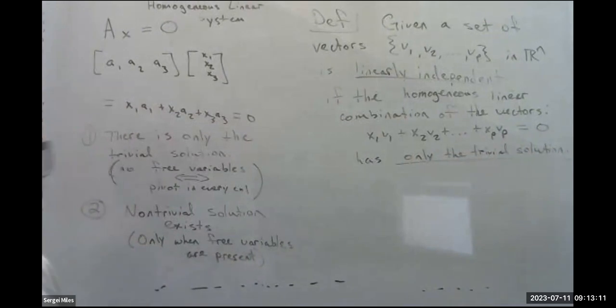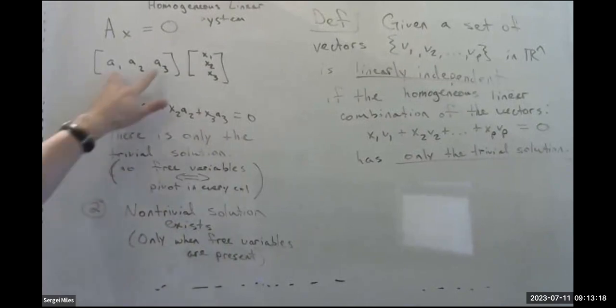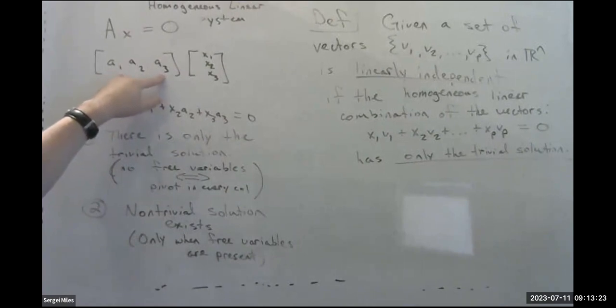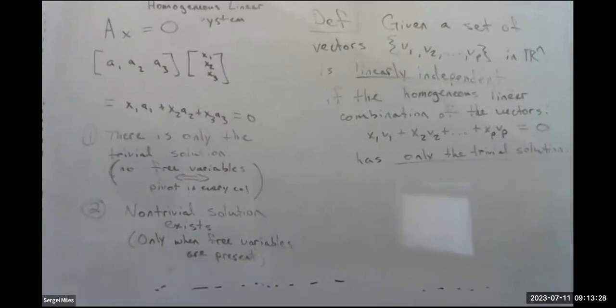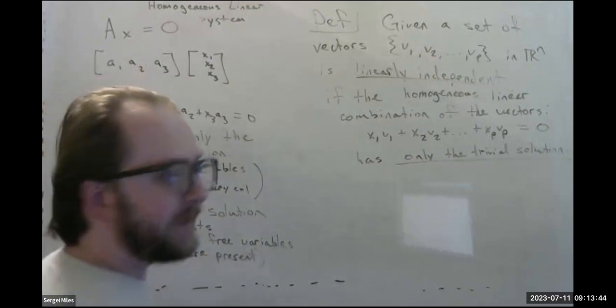Right? Again, what does that mean? How do we know if we have only the trivial solution? That means there are no free variables. When I put my column vectors together, there are no free variables. I have a pivot in every column, right? This is what it means to be linearly independent. So otherwise, if we have the case where, oh, there is a free variable, then we're going to say it is linearly dependent.